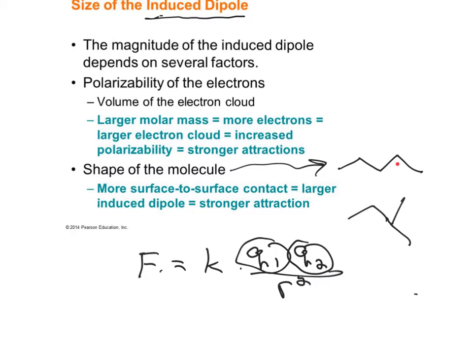If I make these chains longer and keep them linear, this is called a linear chain, even though it's zigzag, because that's the geometry of carbon. As they go longer, not only do we increase the molar mass and how many electrons, but we also increase the surface area that they can interact with.